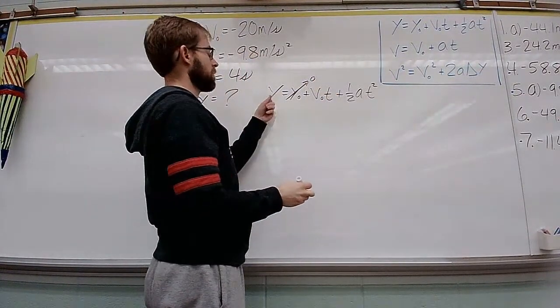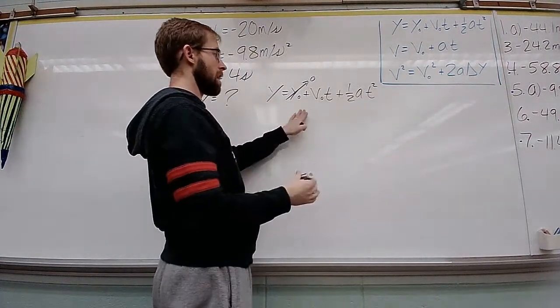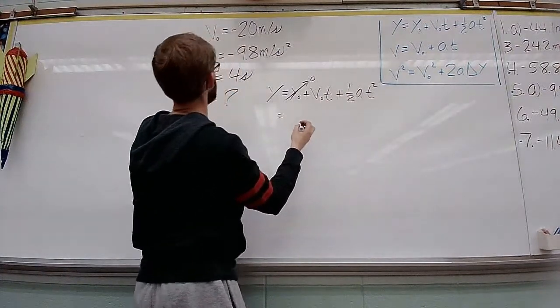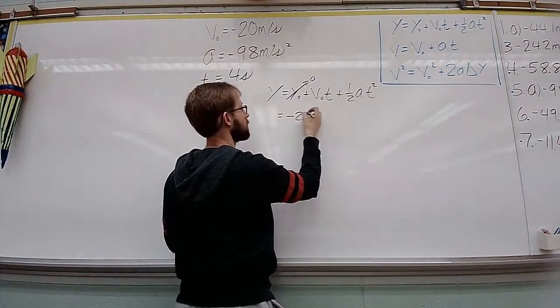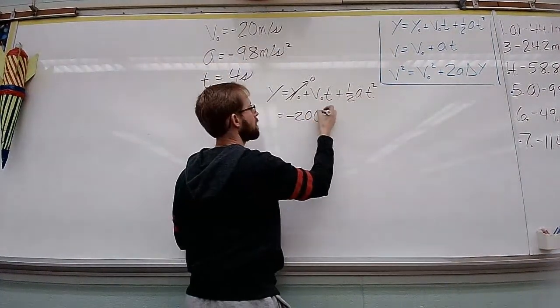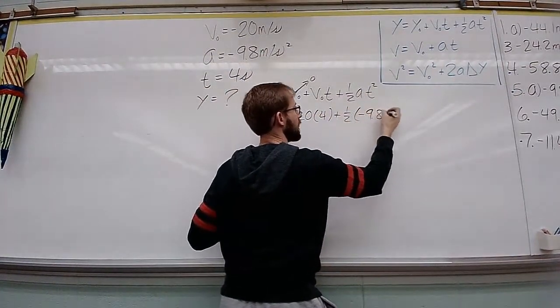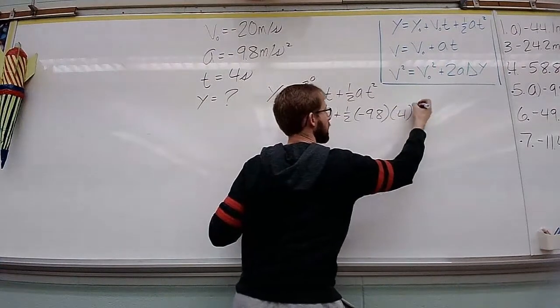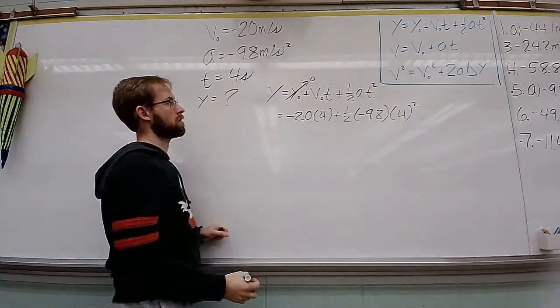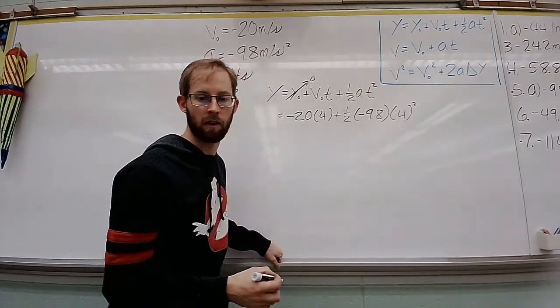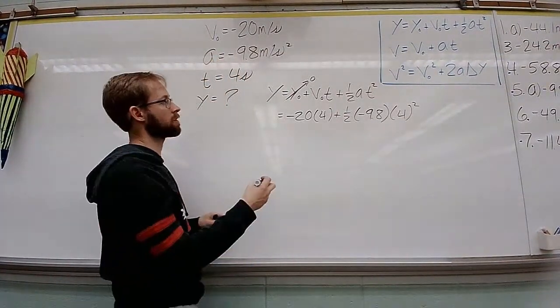So if I'm looking for my position, I just hopefully have the rest of this information. And I do. Original velocity is negative 20. Time is 4. Acceleration is negative 9.8, and time again is 4. And when you run that calculation, you'll end up with a height of negative 158 meters.